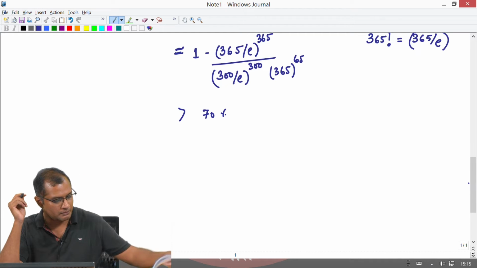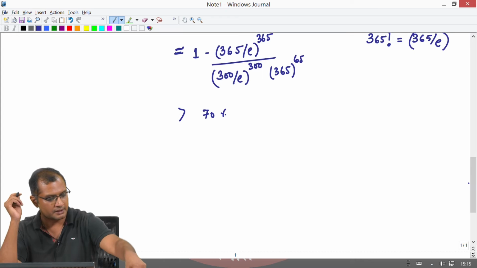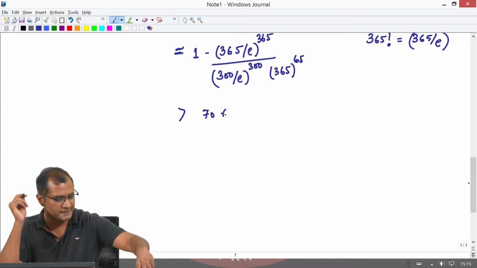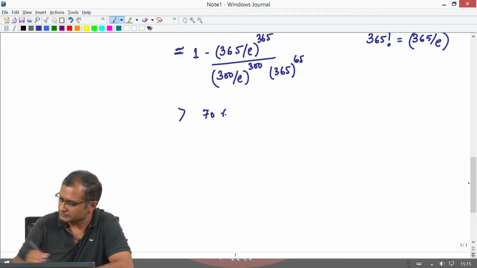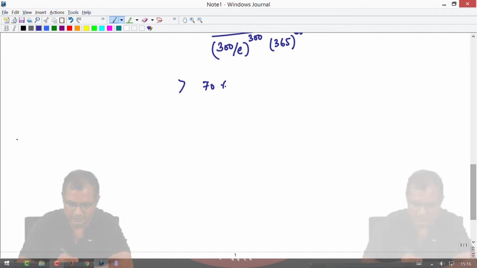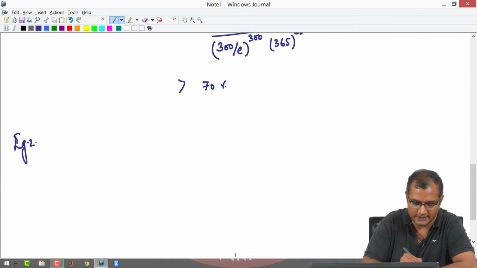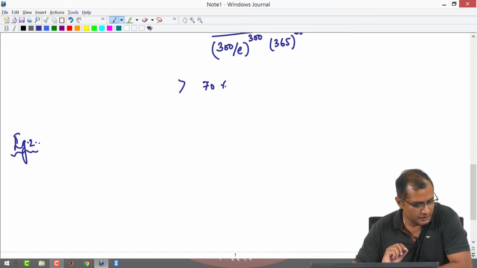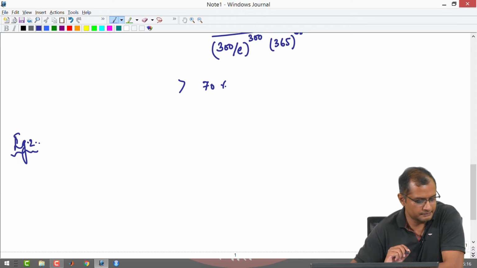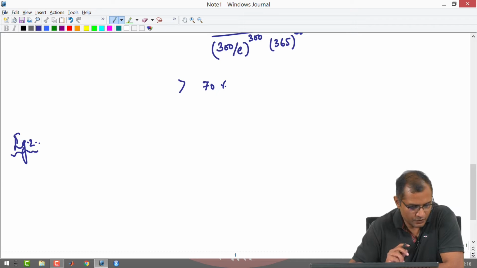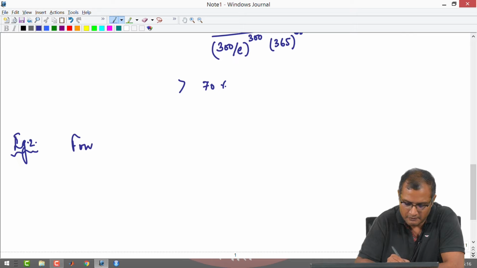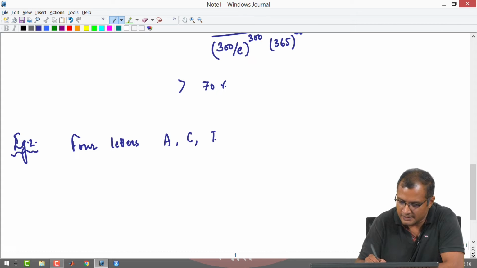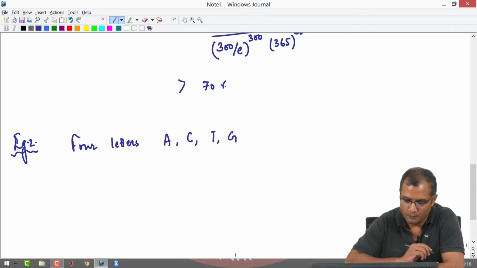So, there is one more problem that I would like to immediately discuss, which is basically a problem of letters. So, I will take the second example. Let us say that you have 4 letters, and the letters I spell them out as A, C, T and G. Okay.